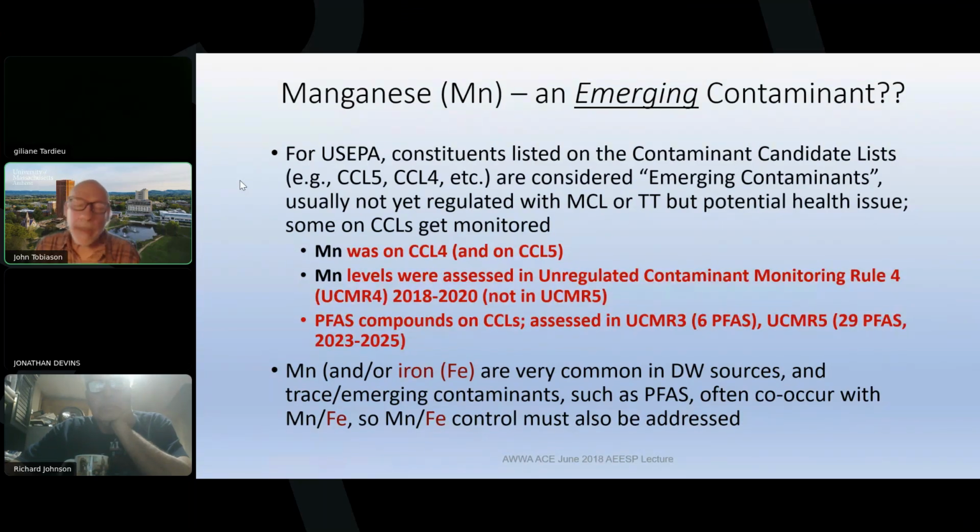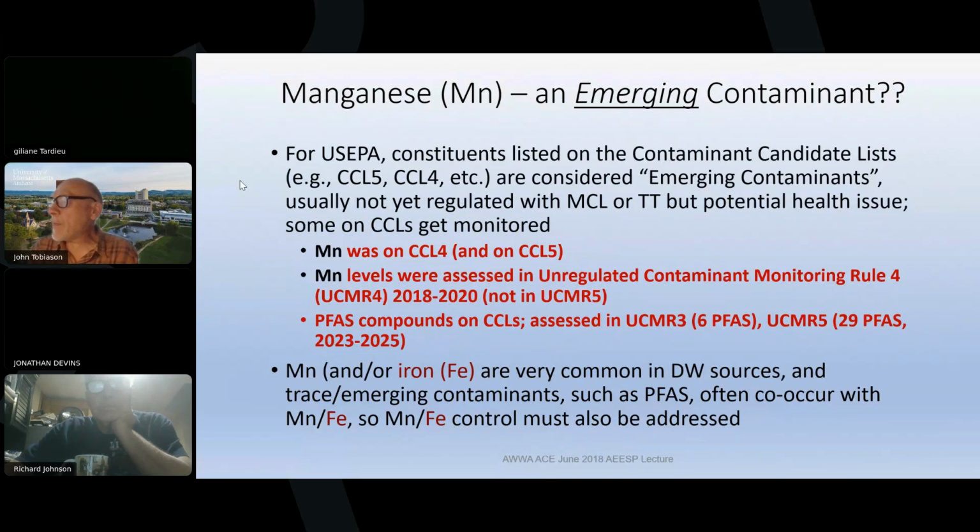But for the US EPA, emerging contaminants are defined based on their occurrence on what are called contaminant candidate lists, and these are things that might occur and have potential health issues. Some of those contaminants that are nominated get monitored.